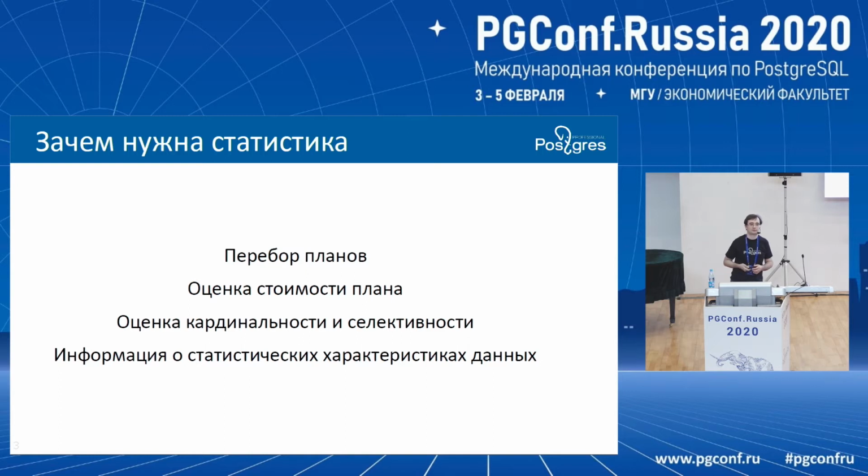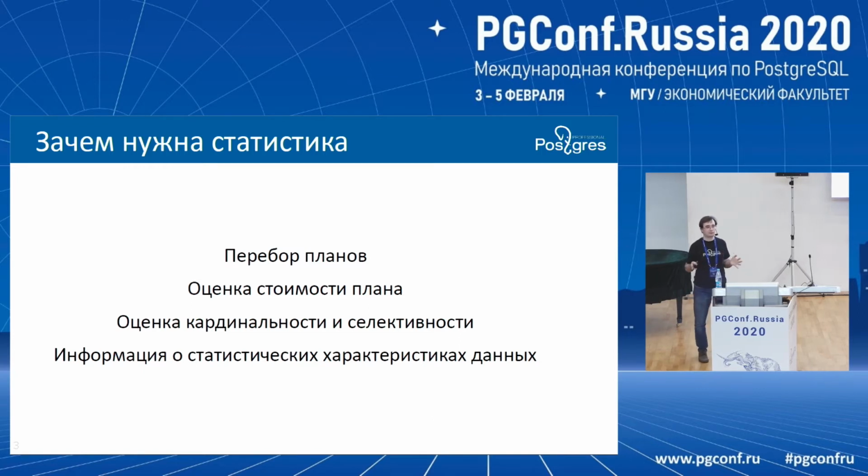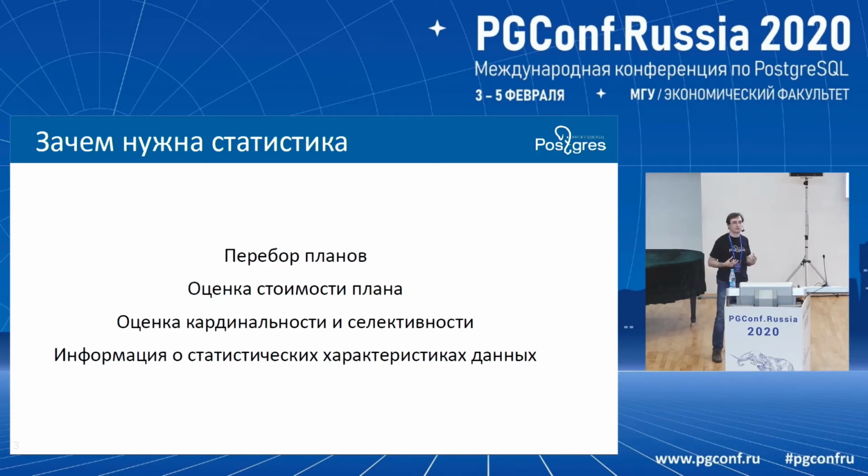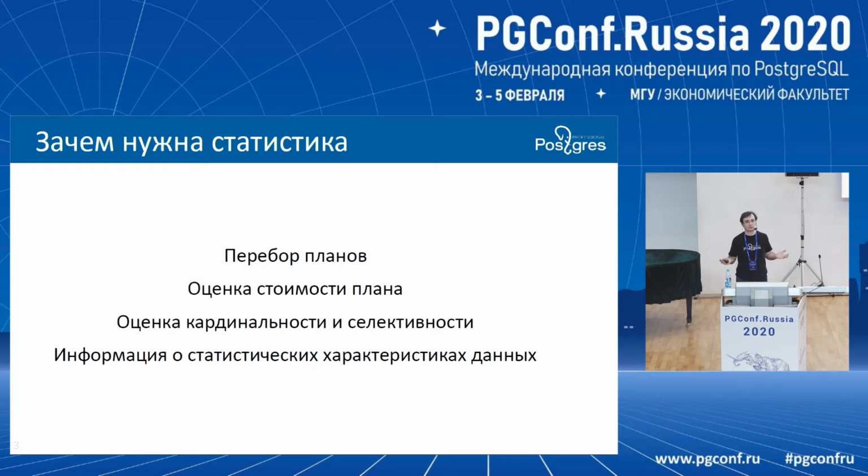To select the best one, it needs to evaluate these plans. What does it mean to evaluate a plan? A plan is a tree of nodes, and we need to evaluate the amount of resources or time which will be taken for execution of the query. When we go to the upper node, the cost of the upper node means the cost of the whole plan.